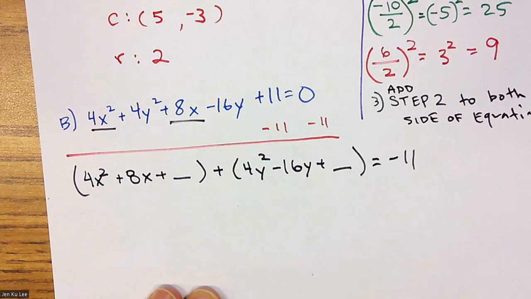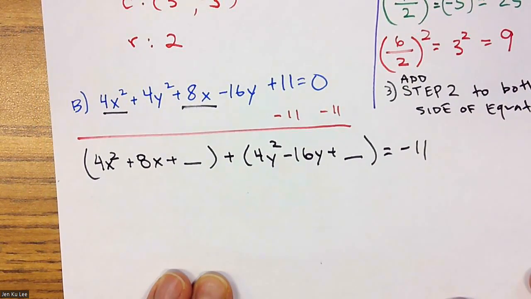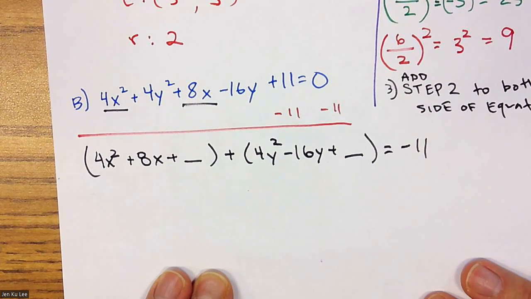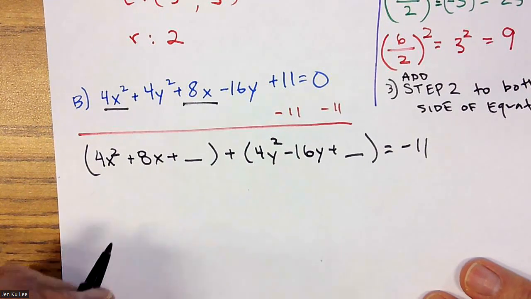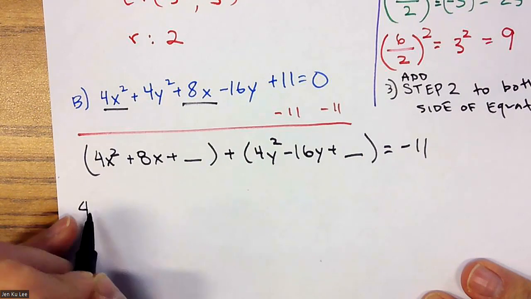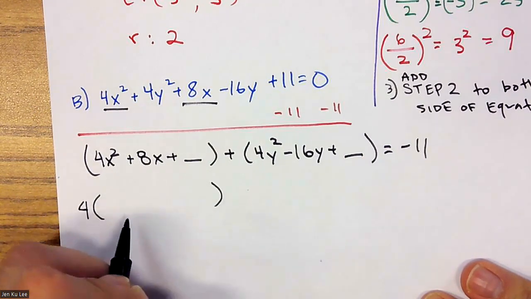First step is to make sure that the coefficient of x squared and y squared is 1. Is it 1? No. So what can I do? Take out the 4, right? Factor out the 4.